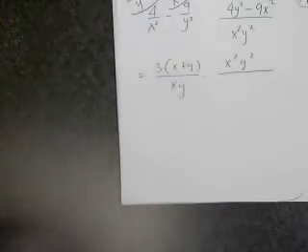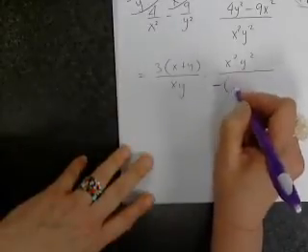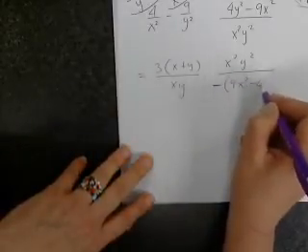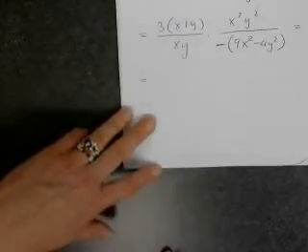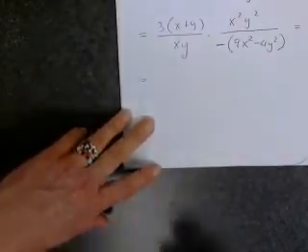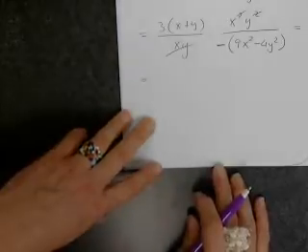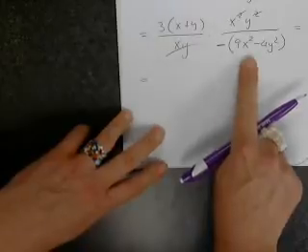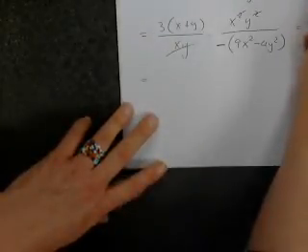Careful now. I will factor out -1 and I will put in parentheses 9x squared minus 4y squared. I can get rid of 2 of those. What I have to add to the list of restrictions is this. You don't have to solve anything there.